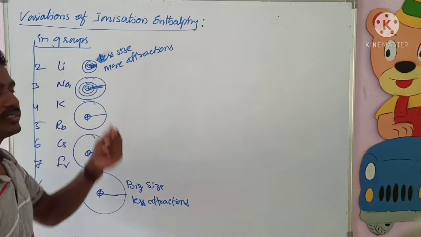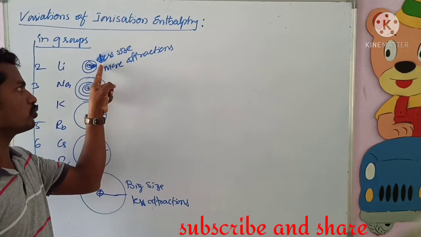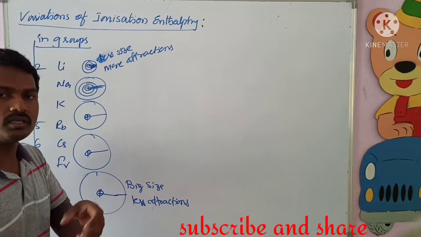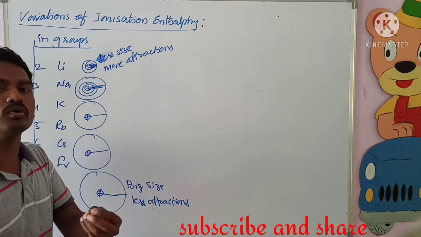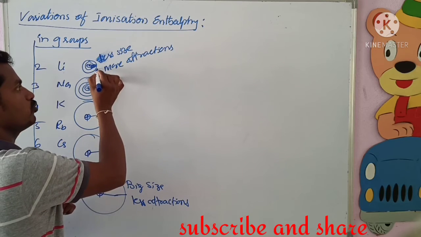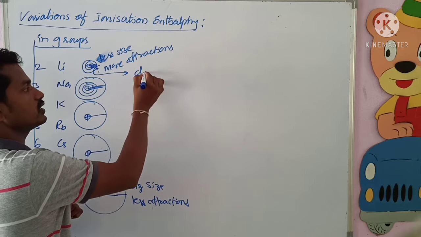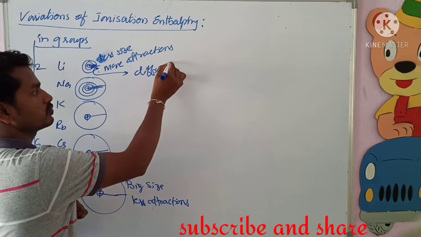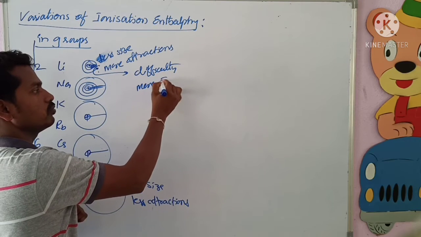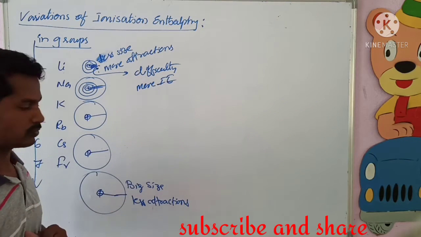Due to the small size, the distance between the outermost electron and the nucleus is very small, so the attraction on the outermost electrons is more. In this case, removing the electron is difficult. Then you apply more energy, more ionization energy.